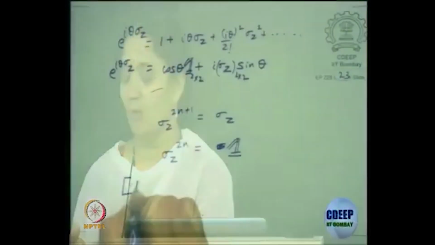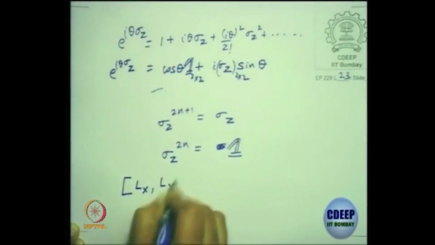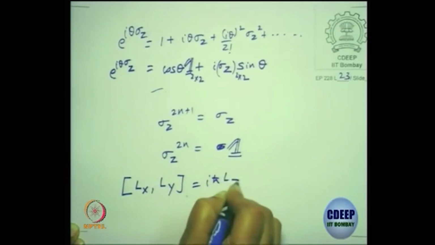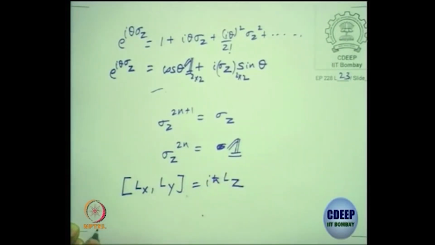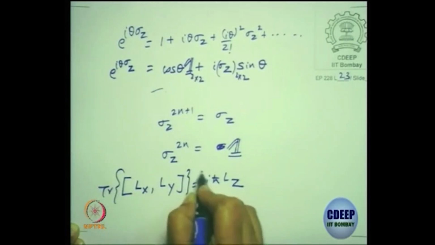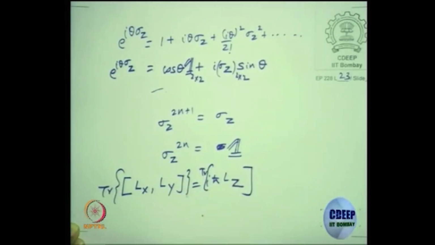How did we know that? Formally, for the orbital angular momentum, when I write [Lx, Ly] to be i h cross Lz, if I take the trace, these are all finite dimensional linear vector spaces on which it acts.